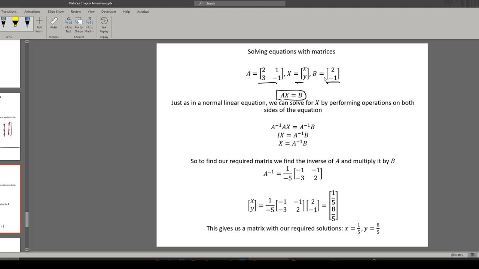What I can do is solve this by performing operations on both sides. Now, if it was algebra, and I'm going to use small lowercase here, if I had ax equals b, what I'd do is divide by a, they cancel, so I have x equals b on a.